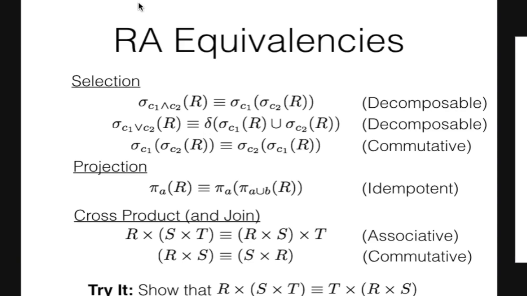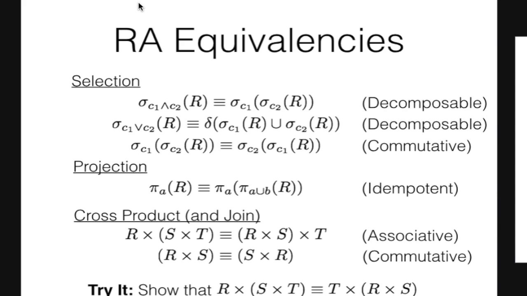All right, so have you heard the term commutative? Yes, okay. Have you heard the term associative? Yes. Okay, so these are properties of operators in an algebra. These properties basically say that one expression means the same thing as another expression.